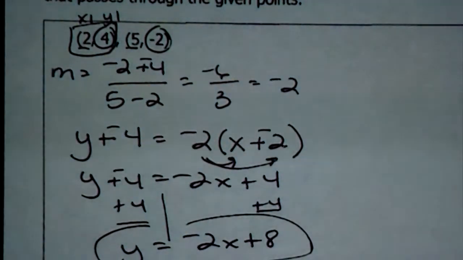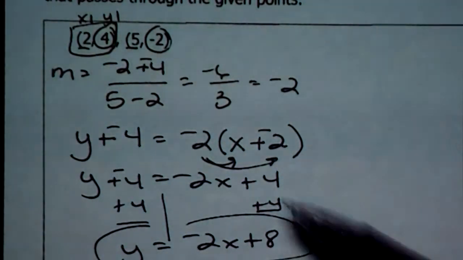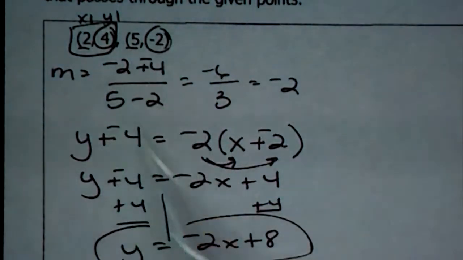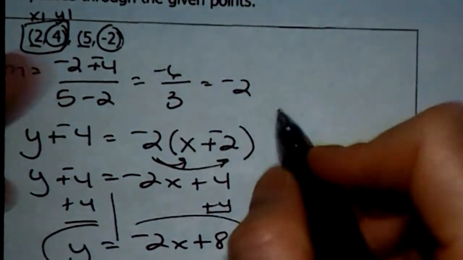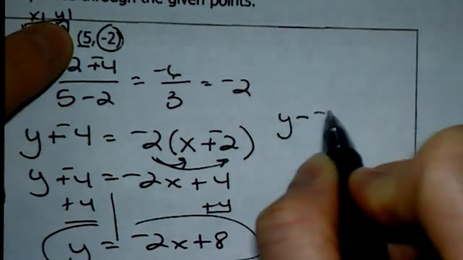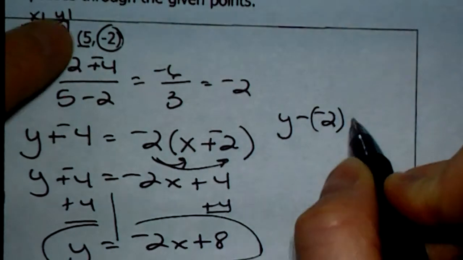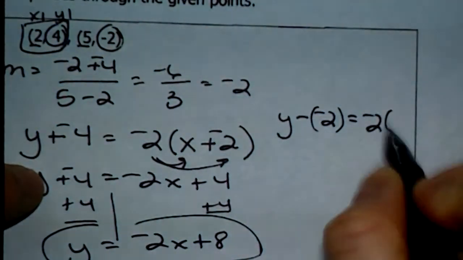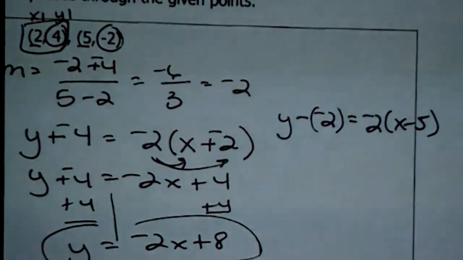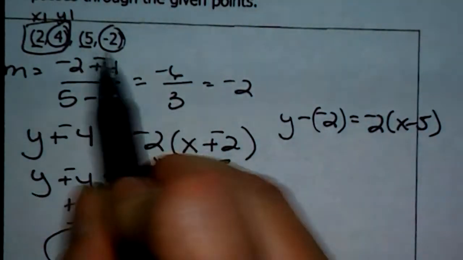And I'm not going to do this for every single one, but I do want to show you that you could use the other point and it doesn't make a difference. So if I plugged in and said y minus negative 2, so y minus y2 I'm using this time, equals my slope times x minus 5. So I use this ordered pair instead.